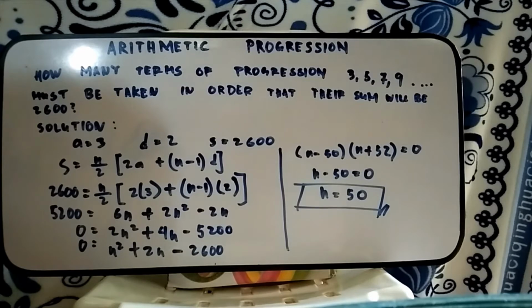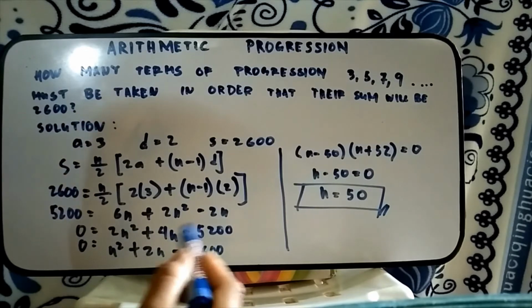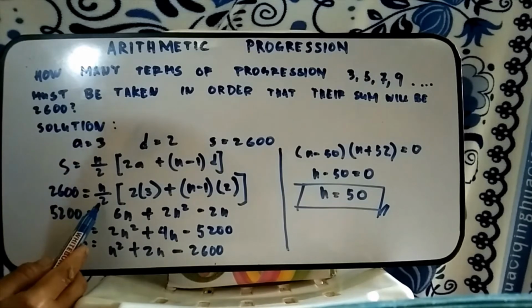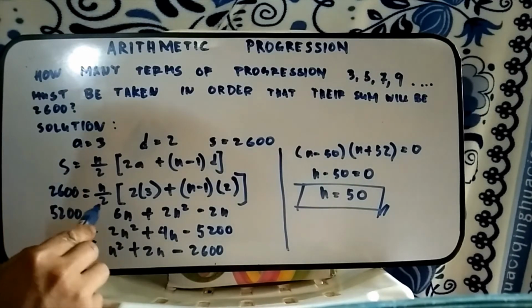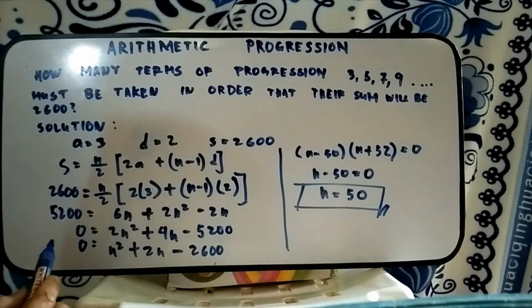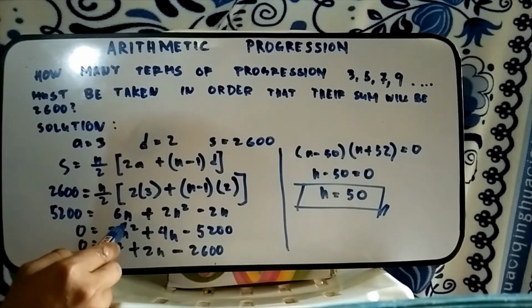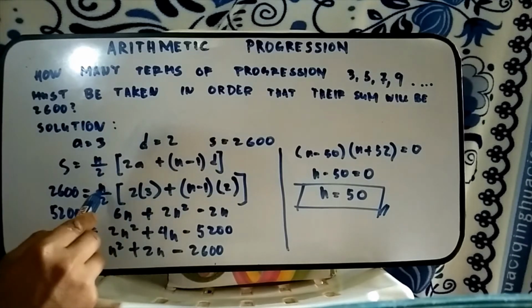Substitute the given. 2,600 is equal to n over 2 times the quantity of 2 times 3 plus n less 1 times 2. This 2, we multiply to the 2,600 so that the 2 there will cancel. So 5,200 is equal to n times 6 plus n less 1 times 2. The 6n is 2 times 3 times n, 6n.